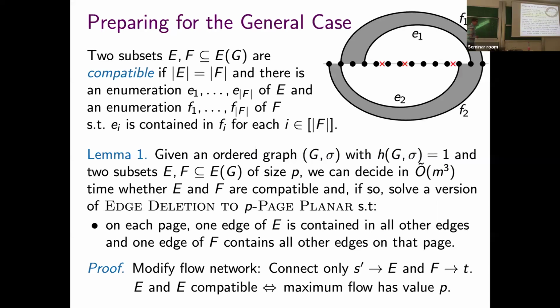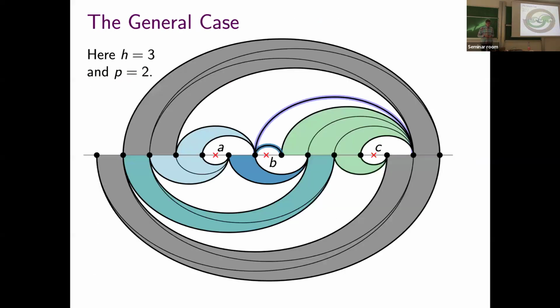Exactly. This says here a hitting set of size 1, but it will be the main ingredient for the general case. Okay, so here's the general case. General means I have 3 hitting points and 2 pages for now.